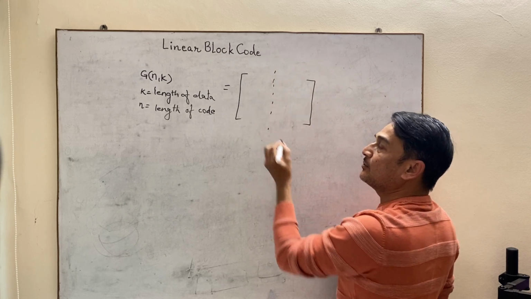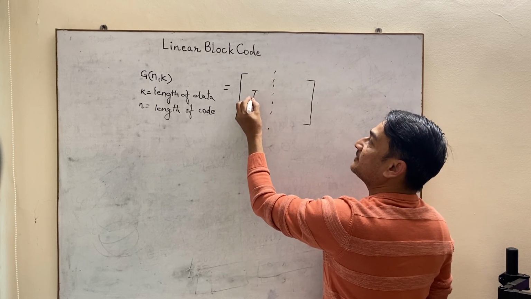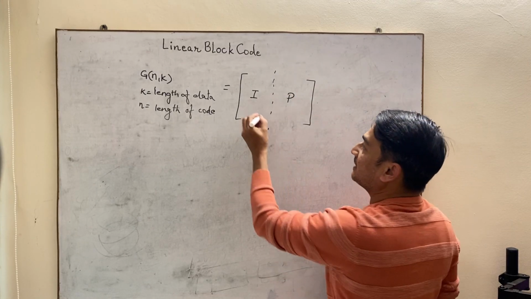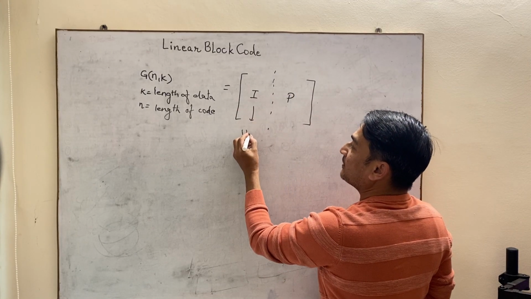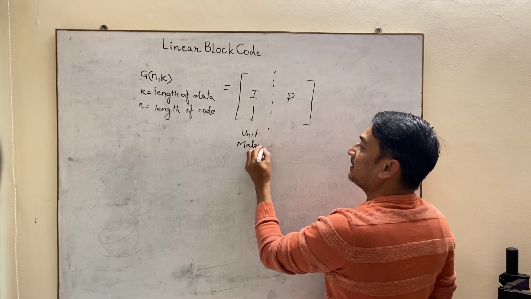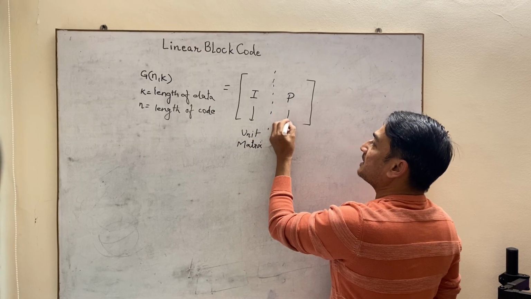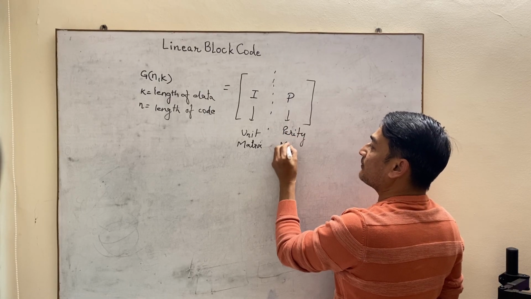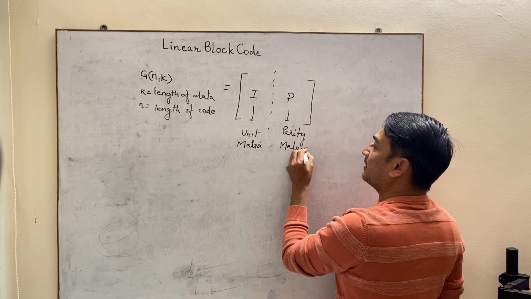It is divided into two parts. The first part of this matrix is I, and the second part of this matrix is P. This I is nothing but a unit matrix. We have already studied this thing in mathematics. This P is a parity matrix. This parity matrix is useful for the generation of code.